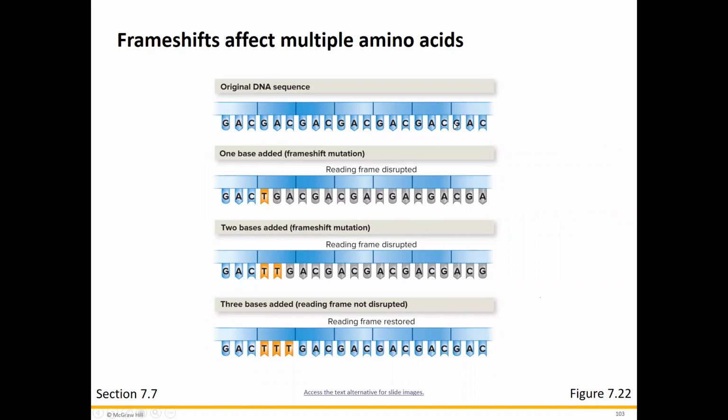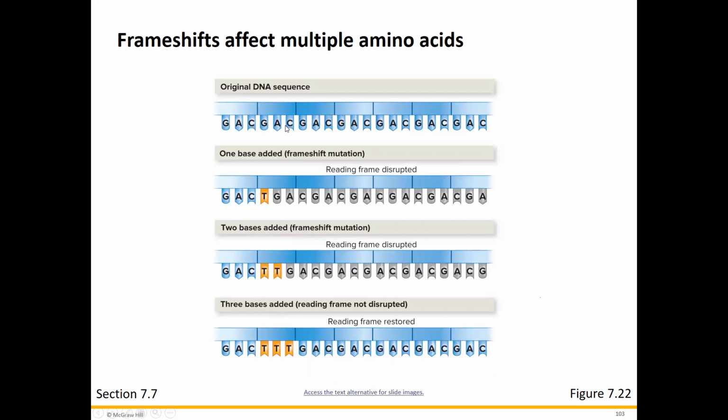So here's another picture from your book. There's the original DNA sequence, and they're showing you the reading frame disrupted. So GAC, GAC, here's GAC, and here's GAC, except there is a thymine thrown in. For whatever reason, 1 base was inserted. So now everything downstream changes.